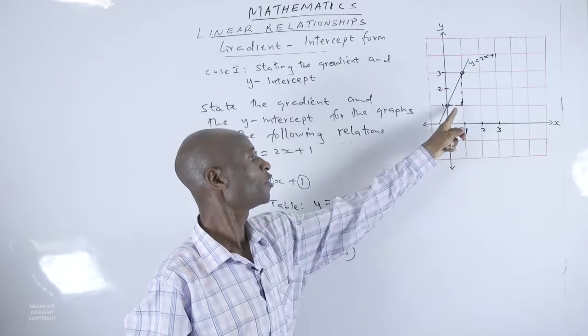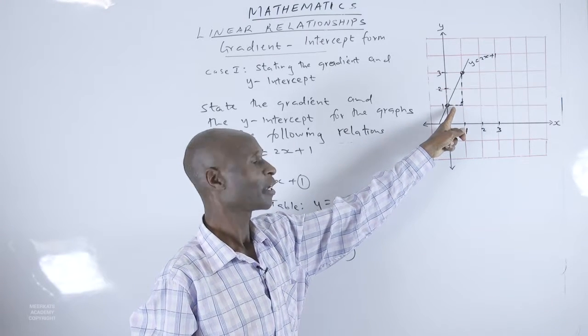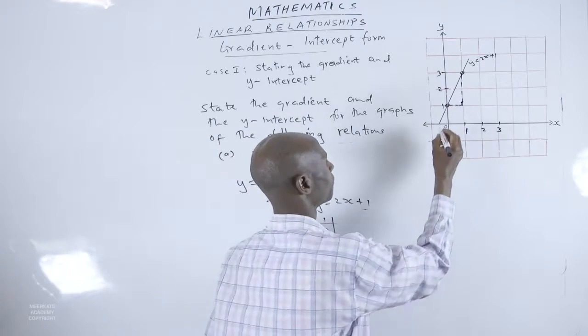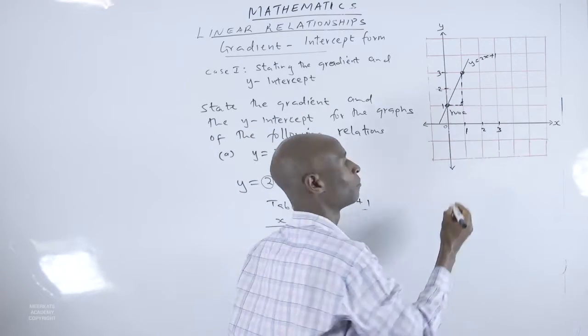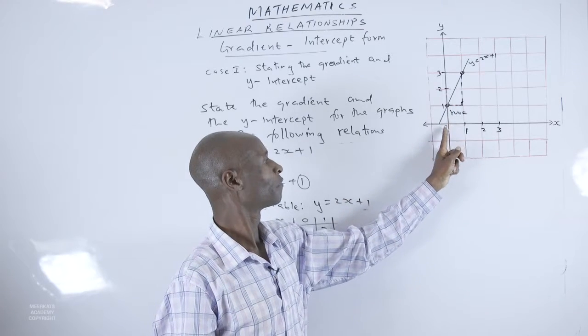Having introduced the right-angled triangle, we can read off the run as 1 unit, that is from 0 to 1.